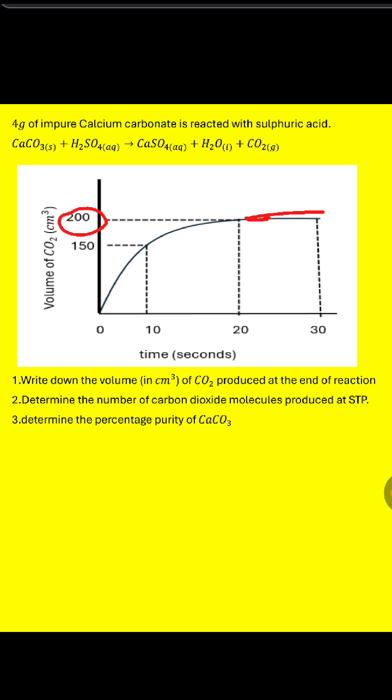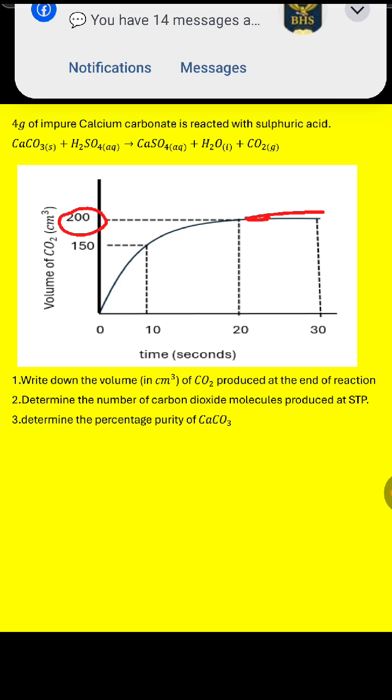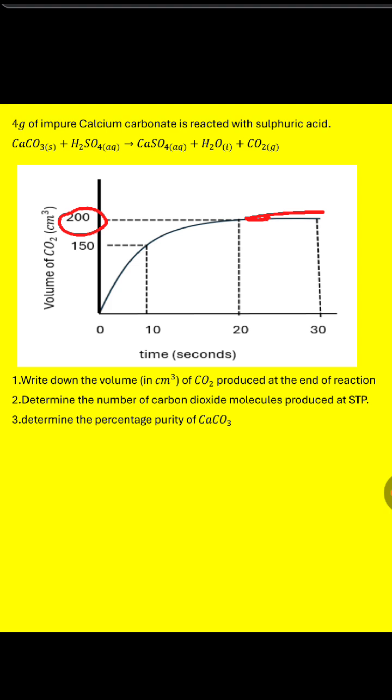And then when we read the graph, they say 4 grams of impure calcium carbonate is reacted with sulfuric acid. But when we look at the information, we know that for carbon dioxide, we're given 200 cubic centimeters that is produced.